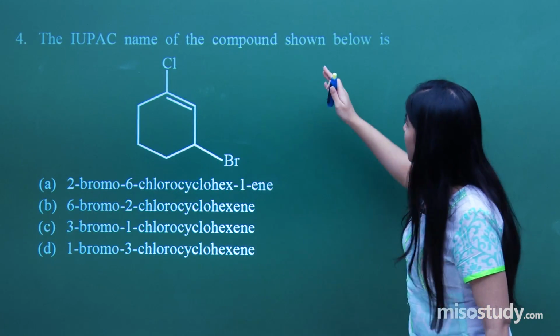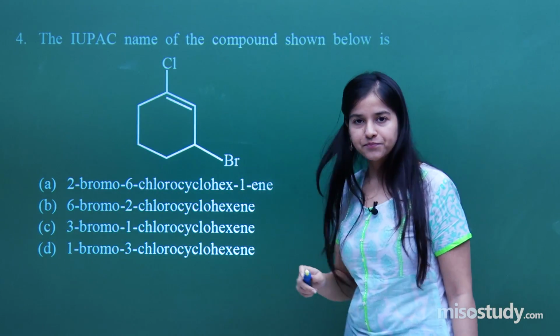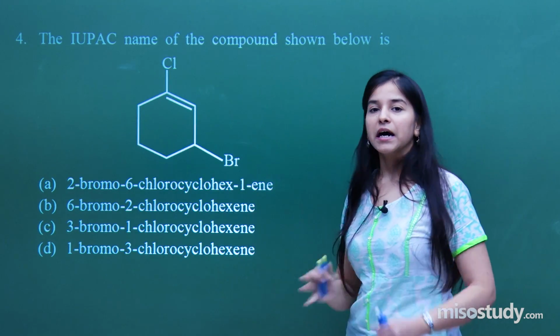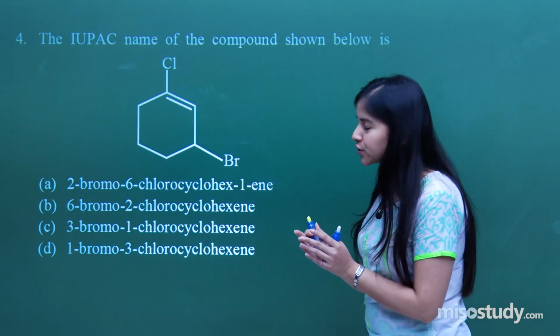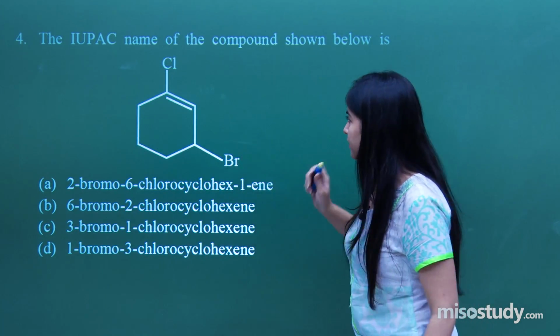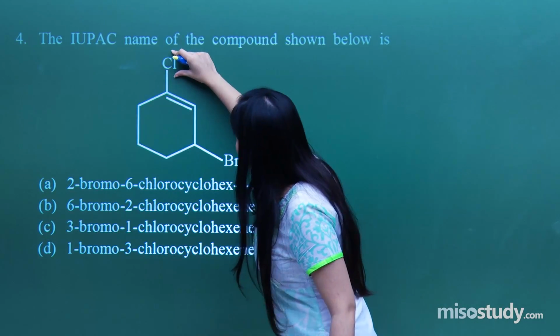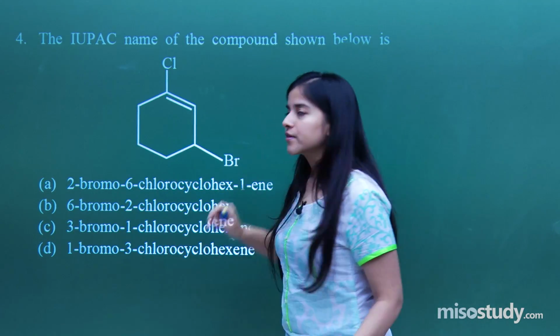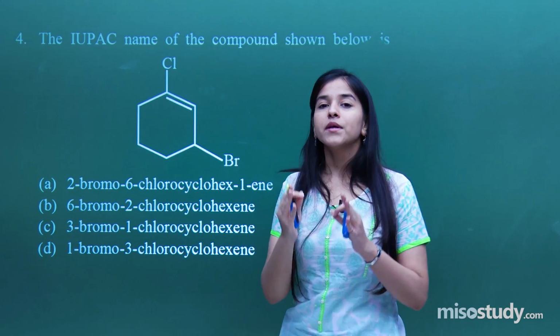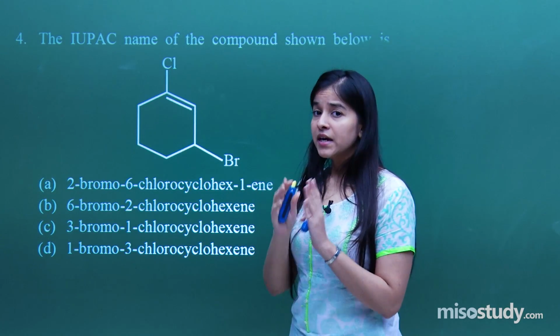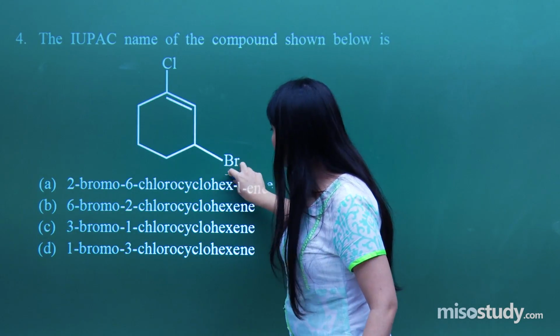The IUPAC name of the compound shown below is, now there is a ring-like structure, so you need to take proper care. I've got a chlorine here, I've got a bromine here, both are substituents. On the basis of alphabetical order, I may be going for bromine.